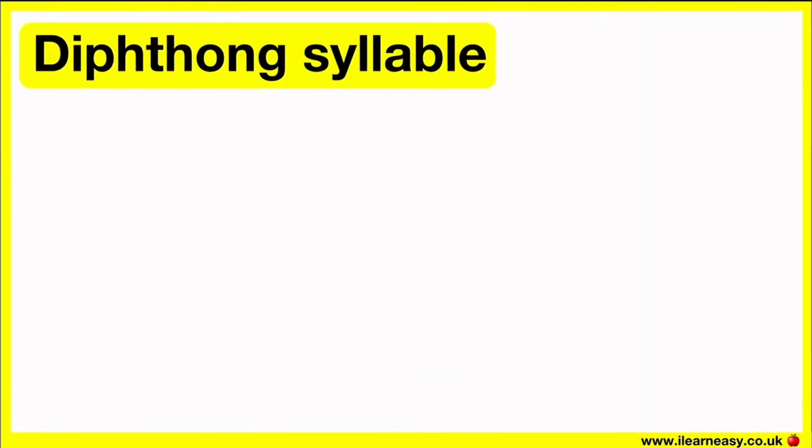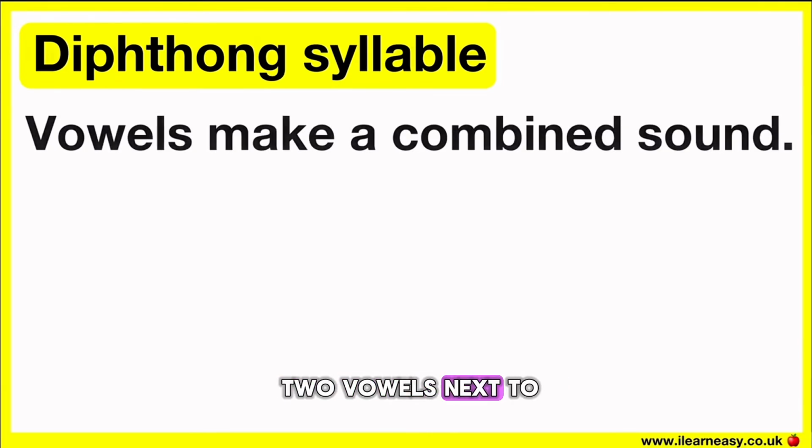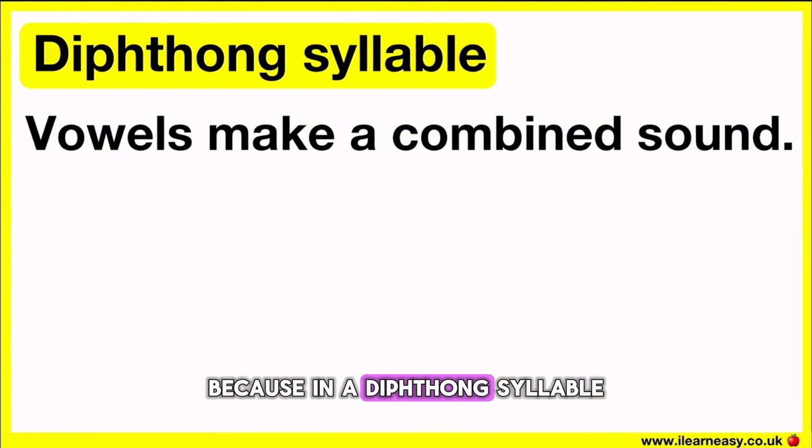Diphthong syllable. A diphthong syllable has two vowels next to each other that make a combined vowel sound. This is different from a vowel team syllable because in a diphthong syllable, both vowels are pronounced, making a combined vowel sound.